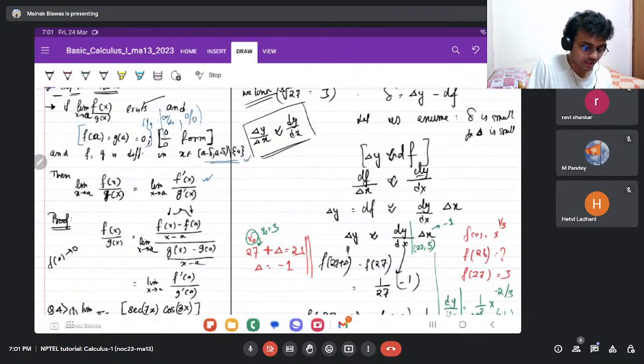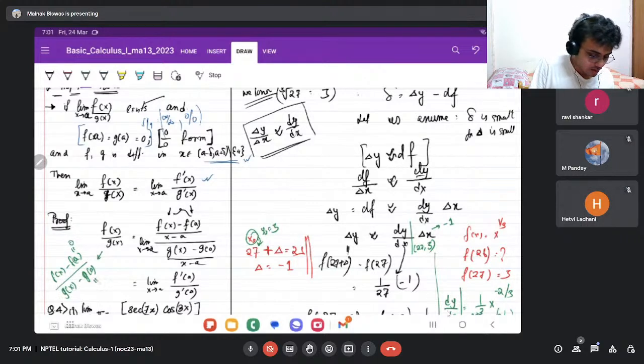I can always subtract 0 from the numerator. That's what I have done. So I have subtracted f of x minus f of a, which is equal to 0. Agreed? Yes, sir. This is also equal to 0, and then I have divided by x minus a, and I have set the limit x tends to a.